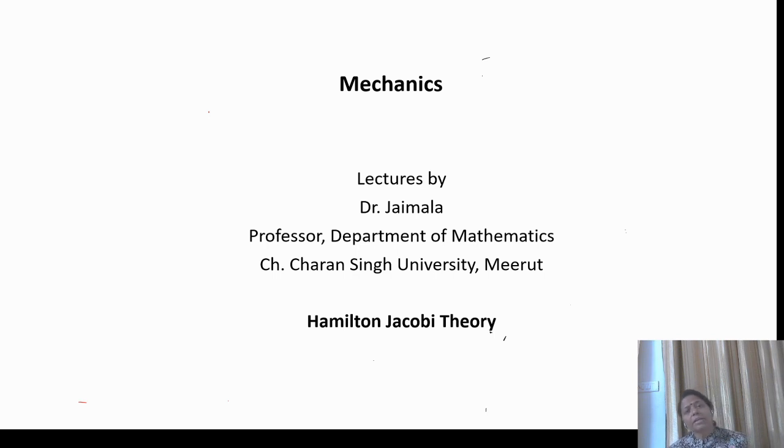You see that in Lagrange mechanics we have 2n differential equations in terms of generalized coordinates and generalized velocities. In Hamilton's mechanics, we have 2n equations, but those are first order equations, and then we find the equation of motion.